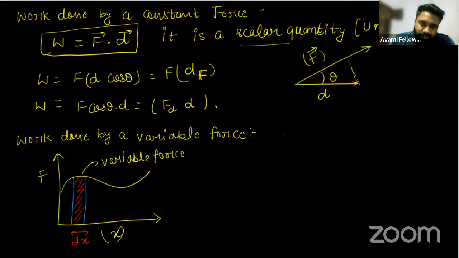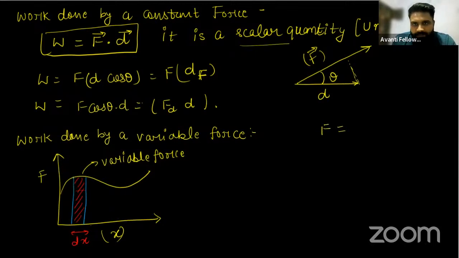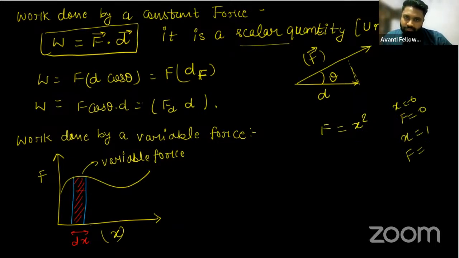For that interval, if this is the curve, let's say f is varying as x square. Which means at x equals 0, the force is 0. At x equals 1, force is 1.